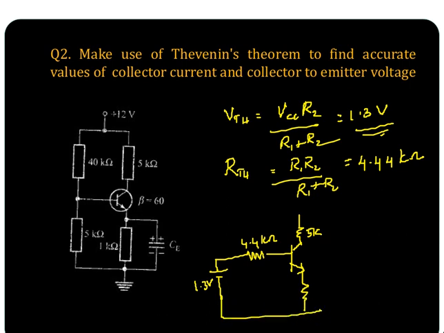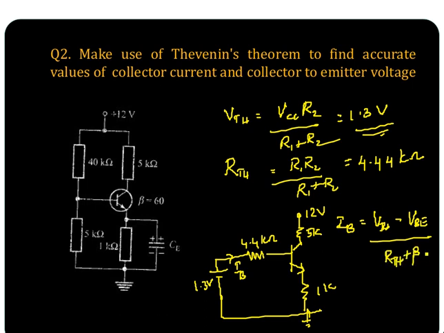Now this is the Thevenin equivalent, and this is 12, and this value is 1K. Okay, so from this you can find out the base current IB. The IB expression is V Thevenin minus VBE divided by R Thevenin plus beta times RE.